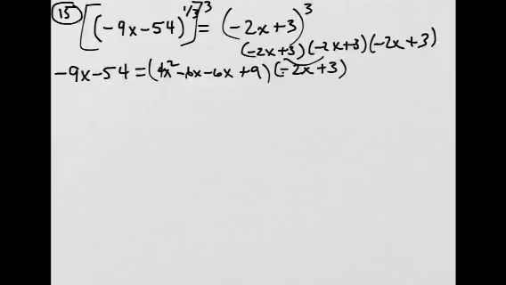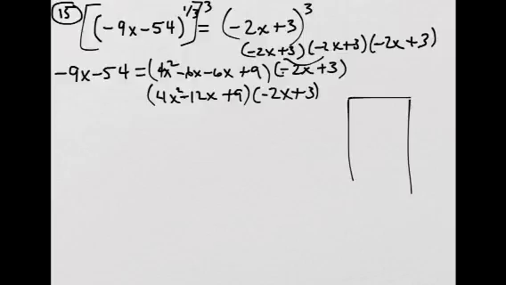Okay, so this gives me 4x squared minus 12x plus 9. And then there's that negative 2x plus 3. We're going to multiply. So this is negative 2x and 3 here. 4x squared, negative 12x, and 9.